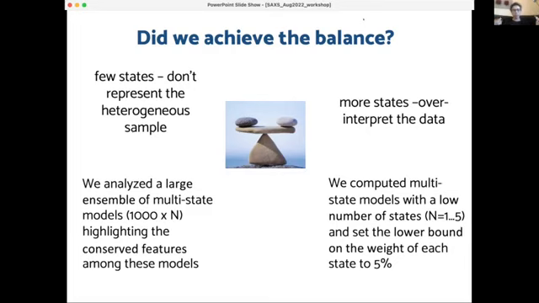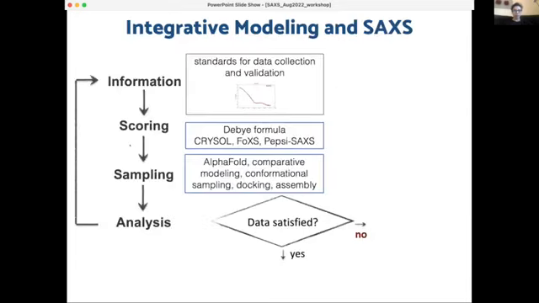We will analyze those 1,000 or at least the 100 best scoring ones, and we will look for conserved features among those models. Those models are obviously different because they are different conformations, but we can look at what is most common. The easiest feature to look at is probably radius of gyration, because it represents how compact or open the structure is. So I don't have the example.